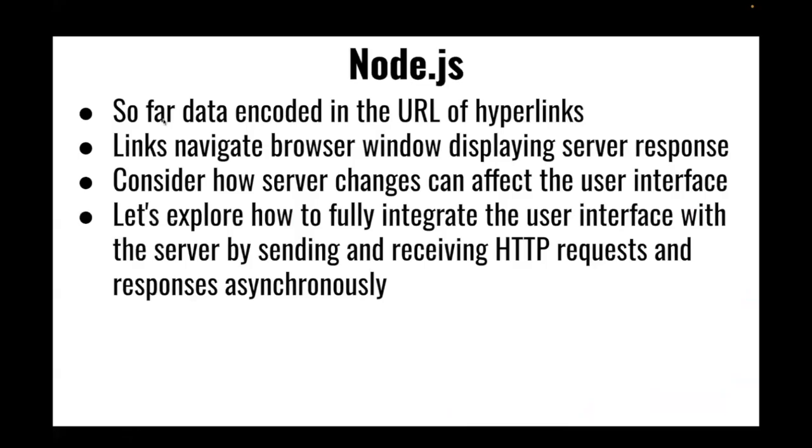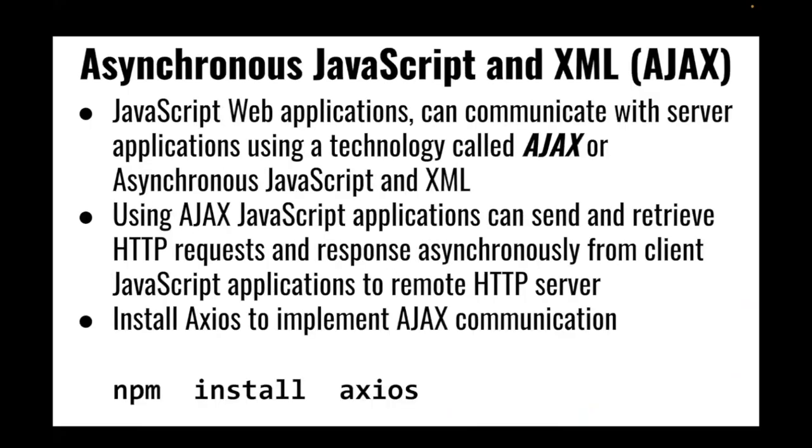So we need to learn how this communication happens behind the scenes, how we can integrate these two, encode the data, and use an API as opposed to relying on users clicking on a URL that would navigate away from the page and go to the server.